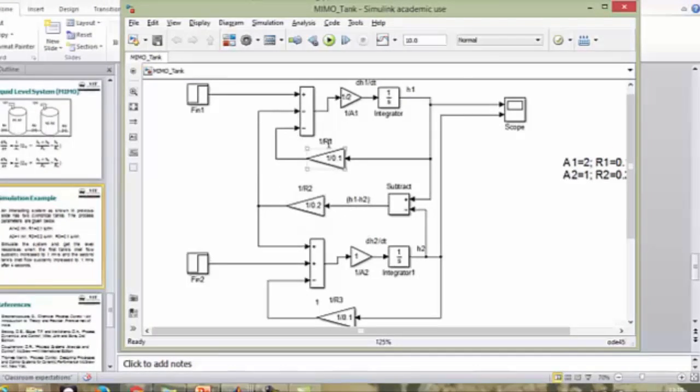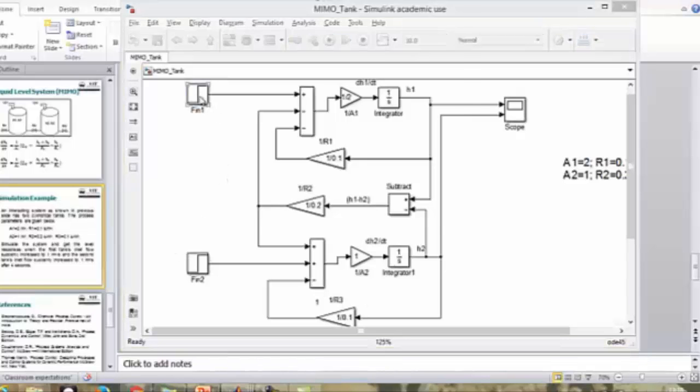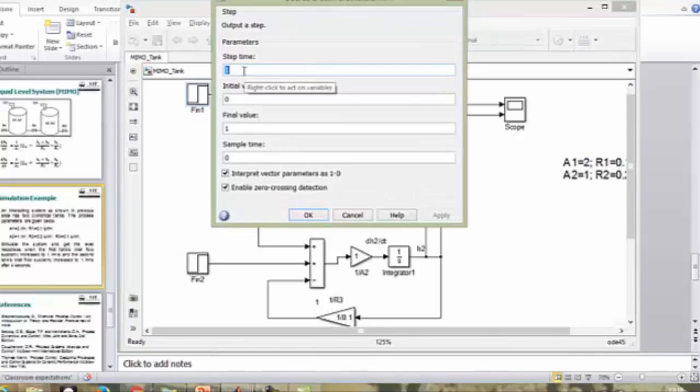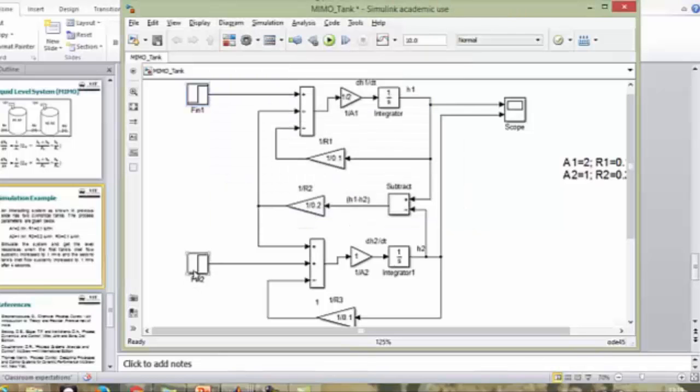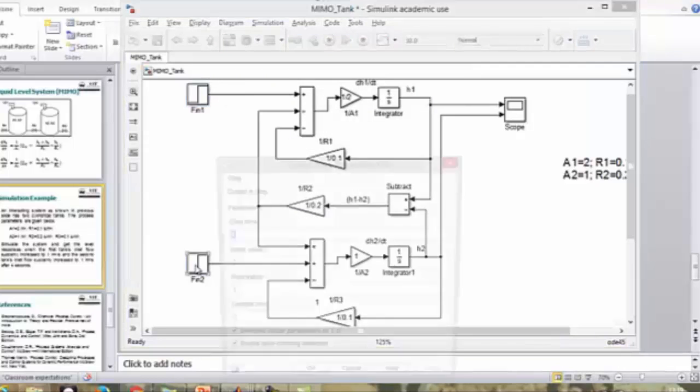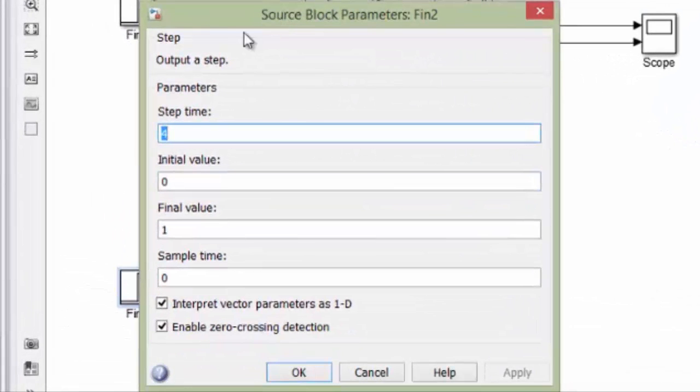And for the first equation it is having a subtraction sign. For the second equation it is having the addition sign, because of the flow rate considerations, the direction of flow is considered in the modeling. And the process inputs, according to the problem statement, the first tank inlet gets the step input at 0 time, whereas the second tank gets the input after 4 seconds, but both of them are getting a magnitude of 1.